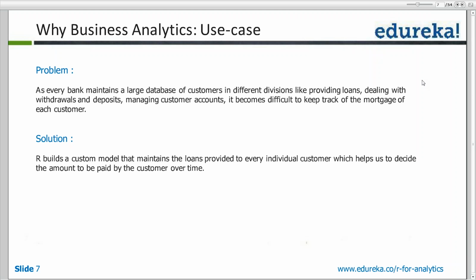So this would give a bird's eye view to the bank's management of all that is due by the customer to the bank in question and vice versa. So this is more of a data management use case wherein R could also play a role.